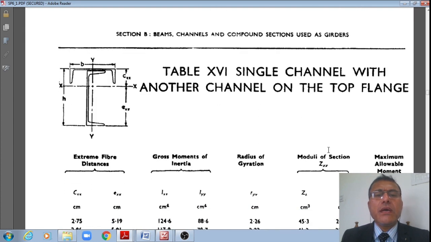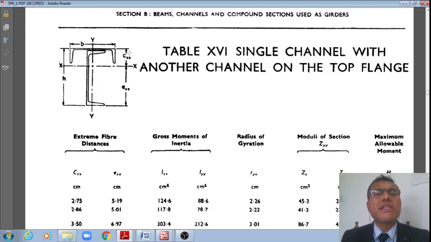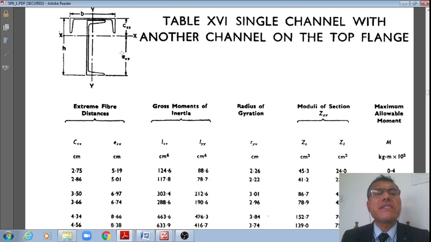Then what are the sectional properties, right? Where this extreme fiber distance EXX is at a distance of 2.75 centimeter or 27.5 mm, and this CXX is the center of gravity, right?